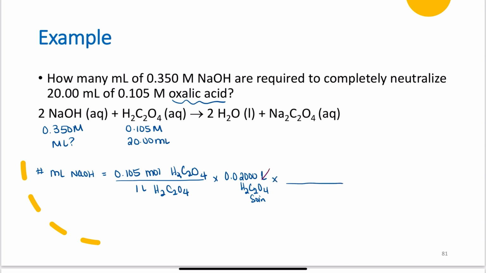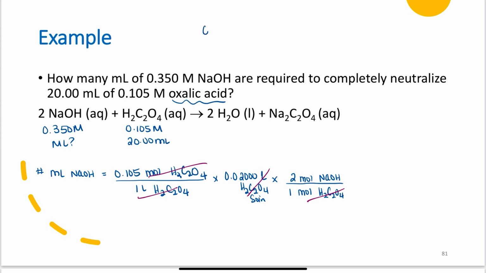Now, right now, if I stopped, I would have moles of H2C2O4. Now I can go ahead and use my balanced equation to convert to moles of base. 2 moles NaOH for every 1 mole H2C2O4. I've got my moles of hydroxide. I need milliliters, but I do have a concentration.